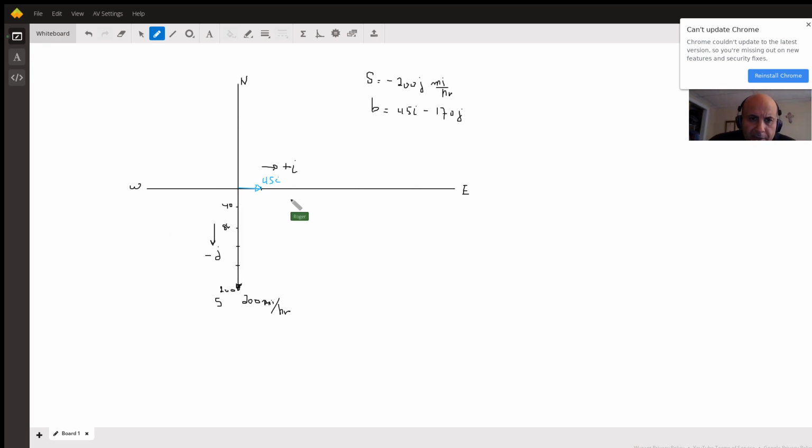The vector has a component of 45i minus 170j, so that's 40, 80, 120, 150, 170, somewhere here. If I draw this vector here, like so, that will be minus 170j.